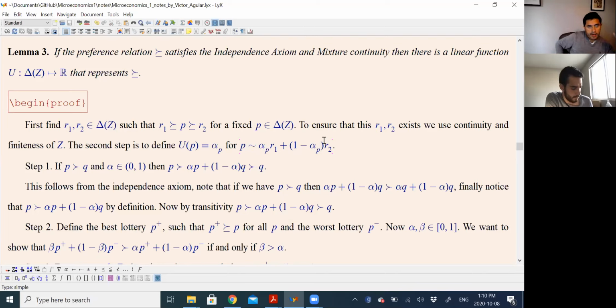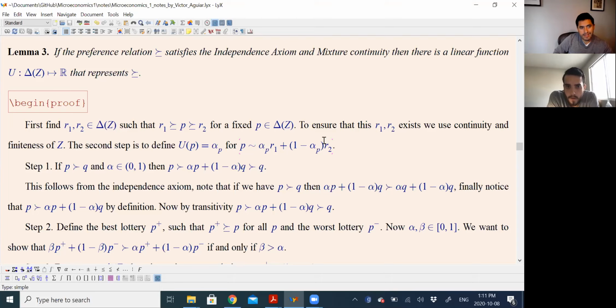First, I use my experiment to find a lottery R1 that is better than P, and then I find another lottery R2 that is worse than P. And then I find the compound parameter of the lottery, this alpha parameter, that will give me a new lottery that the subject declares to be indifferent to P. And then I'm going to assign, as a candidate utility function, the number that represents the binary preference: U of P is equal to alpha P.